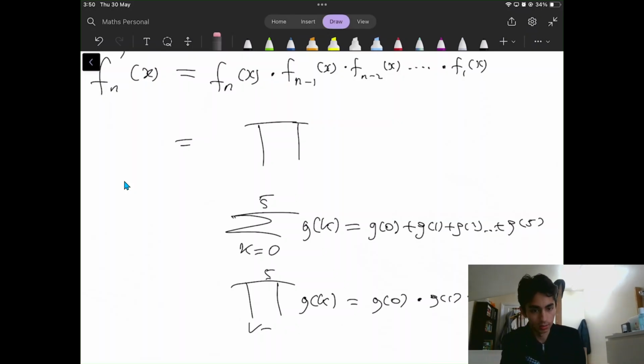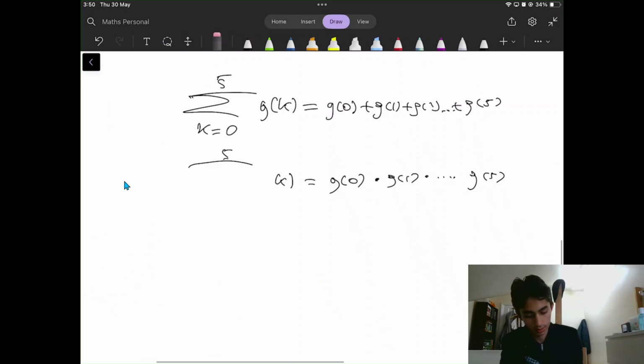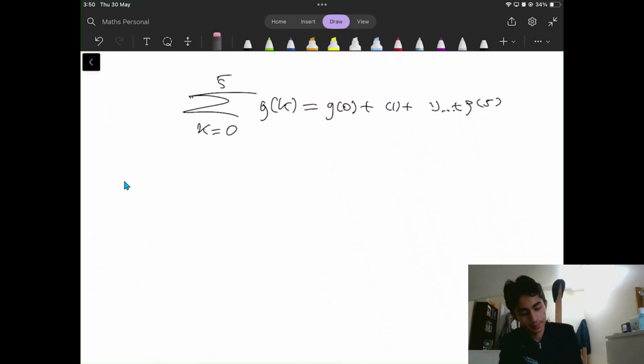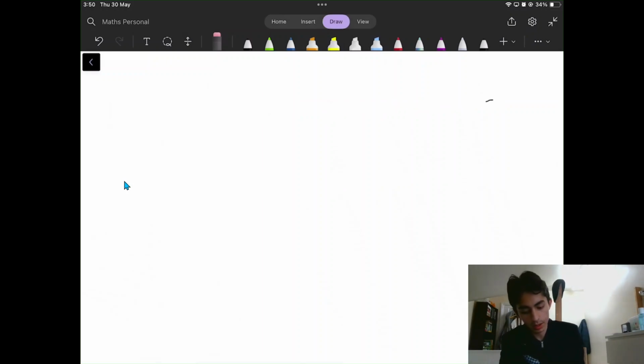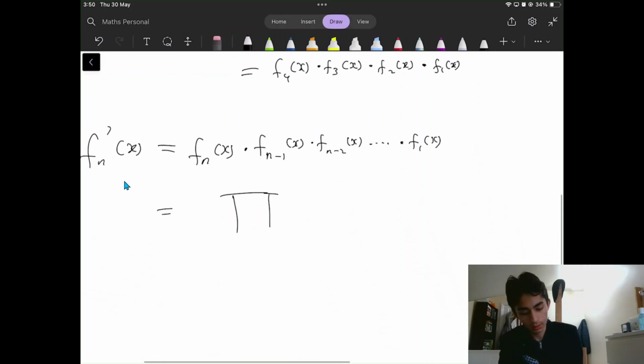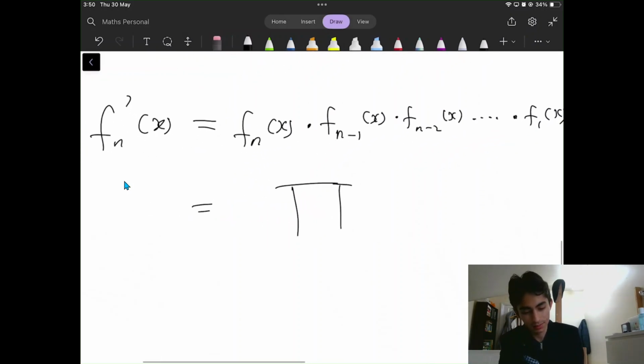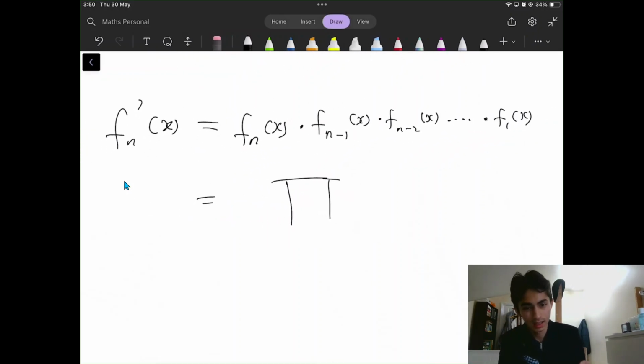I think I can safely rub this out now. Yep. And if we wanted to express our gradient recursive function in the pi notation, we would have the product of f_k of x as k goes from 1 to n, right?